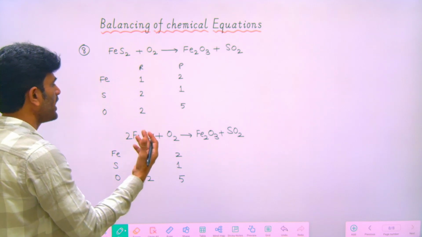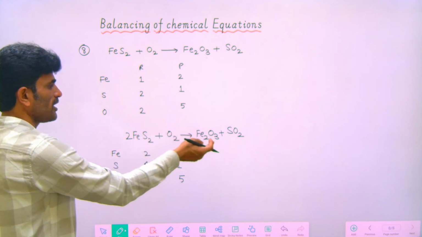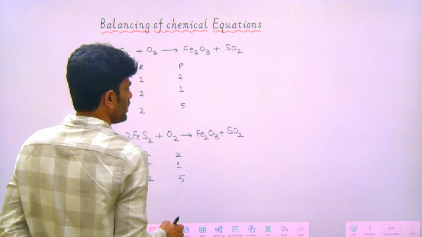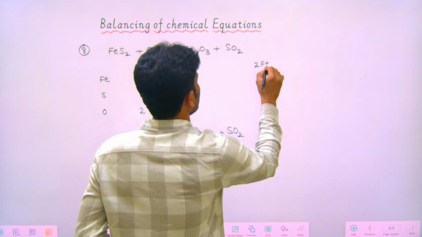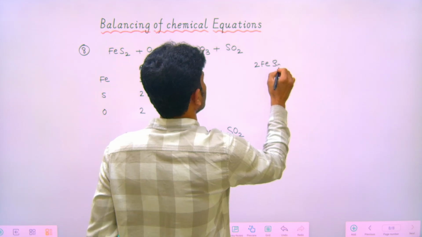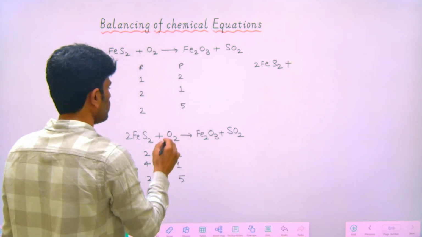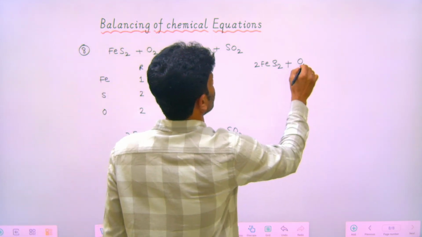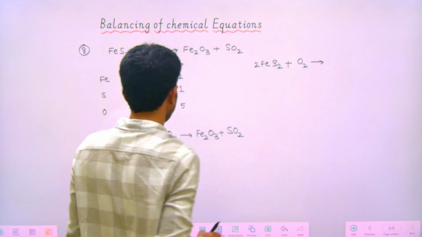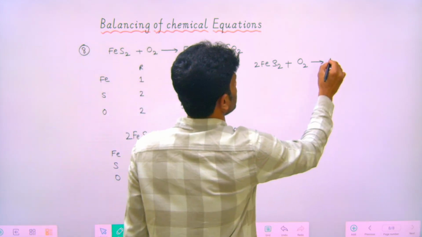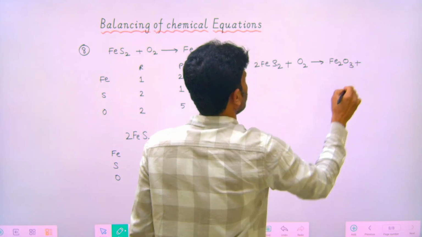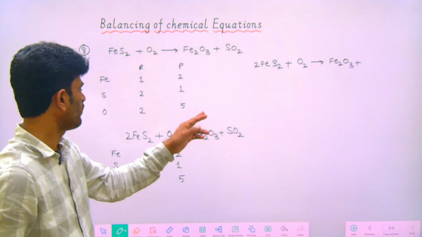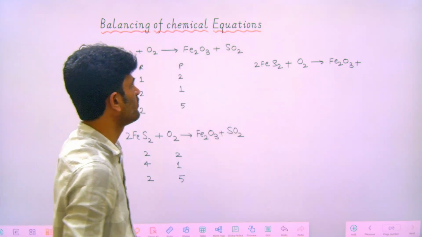Now we will balance sulfur. Here 4 are there, here only 1 is there, so we multiply 4 here. Then our equation becomes 2FeS2 plus O2 gives rise to Fe2O3 plus, we have 4, so there also we need 4.